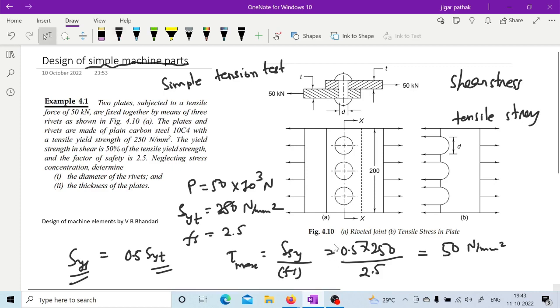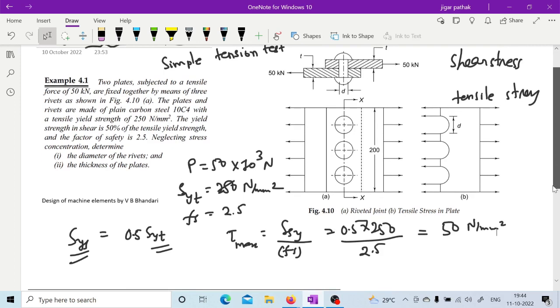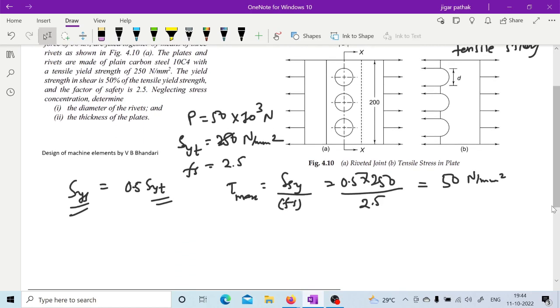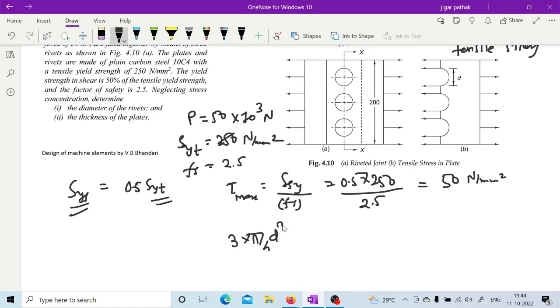So once you have this tau max as 50, next you can consider the area on which this stress is acting. So the area will be 3 rivets, so 3 into pi by 4 d square, right? Stress is equal to load upon area, so this area into stress will be equal to the force.